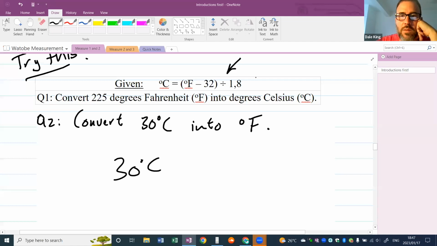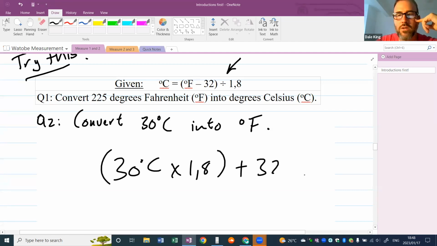must divide by 1,8. So we want to work backwards now to go from Celsius to Fahrenheit. We've got to do the opposite operation, okay? So we would have to times by 1,8, okay? Someone says do that first, and then add on 32. All right, so let's see what we get.